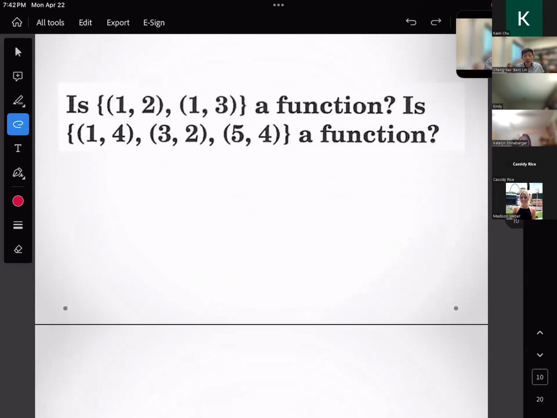Now, based on the vertical line test, based on the information I give you, can you find whether {(1,2),(1,3)} is a function? Is {(1,4),(3,2),(5,4)} a function? Can you take a minute, find it out?